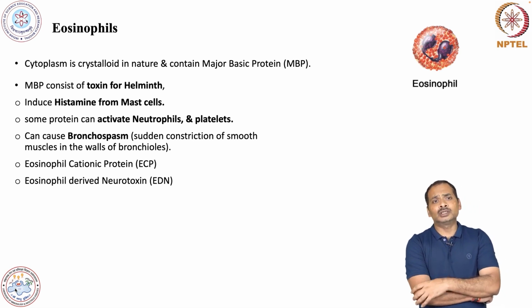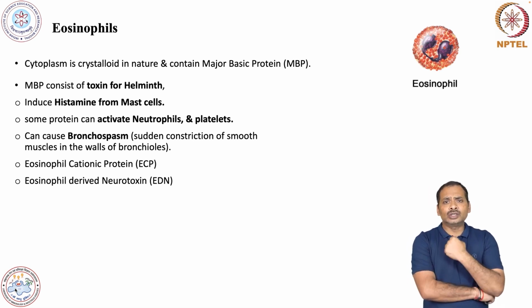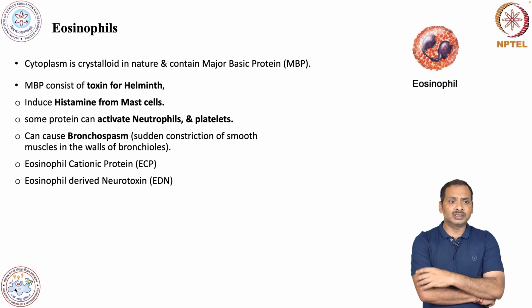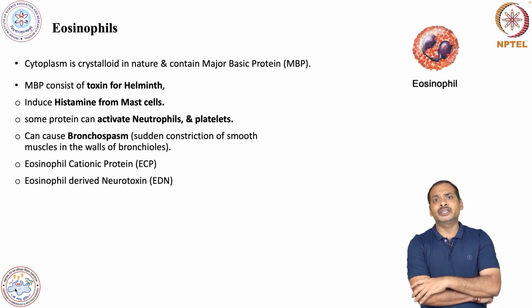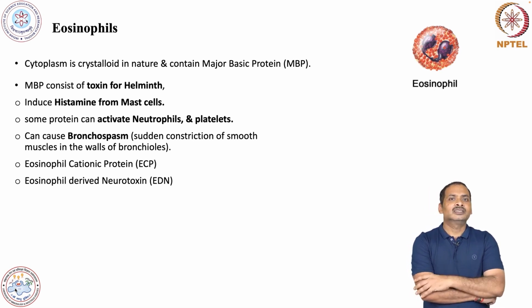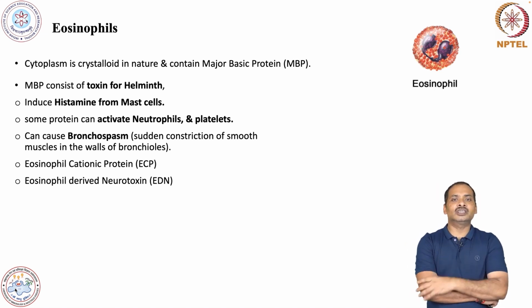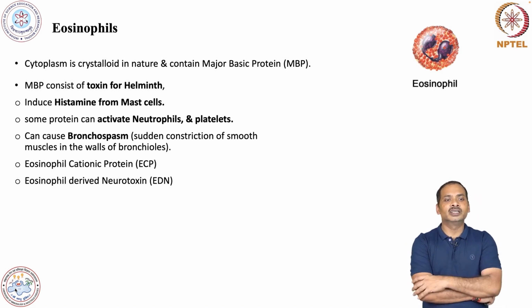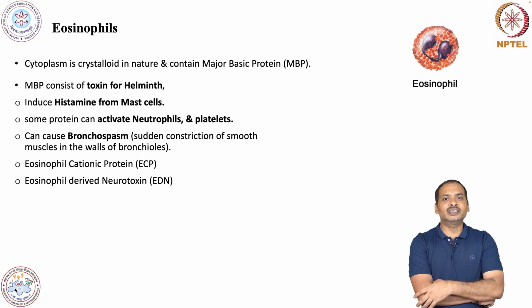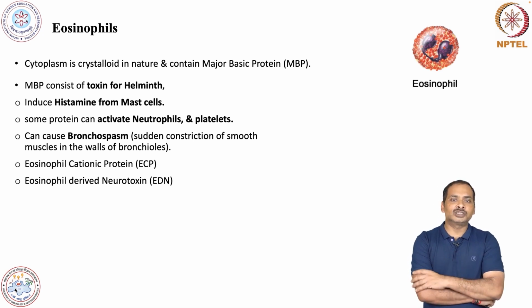MBP can also cause sudden constriction of smooth muscles in the wall of the bronchioles. I told you in the previous slide that there will be sneezing and coughing. This sneezing and coughing is triggered by MBP, and technically we call it a bronchospasm.